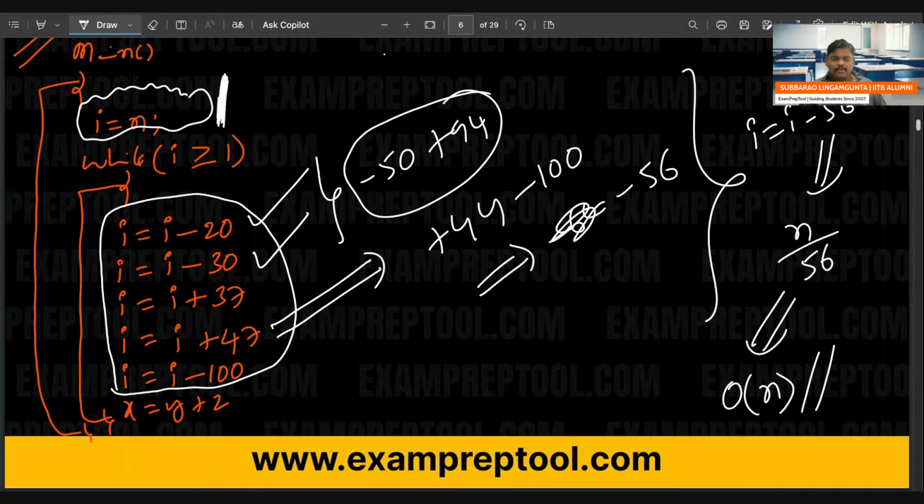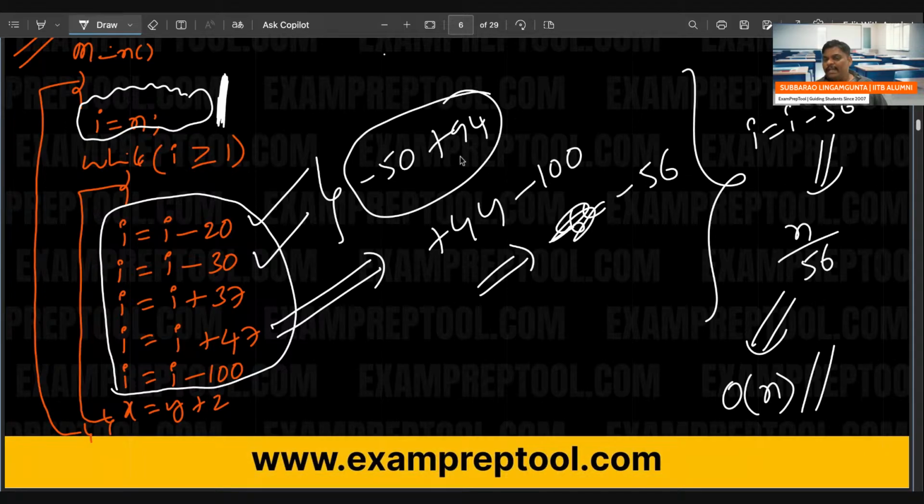56 exactly? 56 or 66? 56 plus 44, 100, right? So initially minus 50.